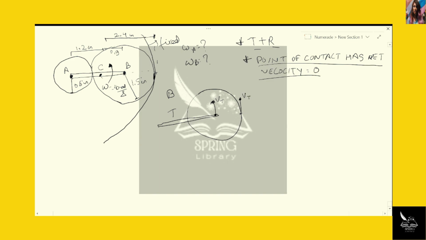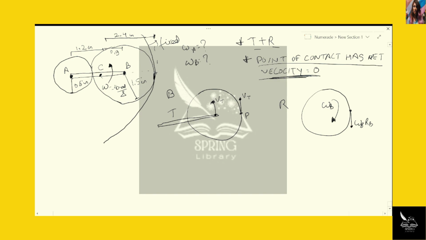So at the point of contact, let's call this point of contact P, the velocity is also going to be Vt for translation. This is the translational part. And then there will be a rotational part if this is rolling, and this rotational part has to cancel out this Vt because the point of contact has net velocity 0. So then omega has to point out like this, omega B, and at the point of contact this should be omega B times the radius of B.